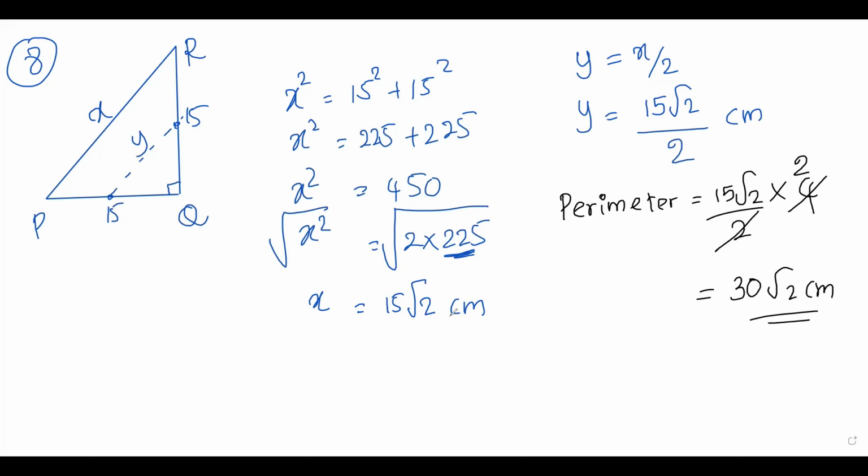So altogether, the perimeter should be 30 square root 2. You can find like that. There should be 30 root 2. You should use the Pythagoras theorem because this is a right angle triangle. You can use Pythagoras theorem.